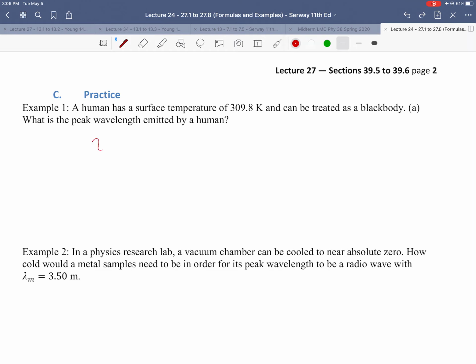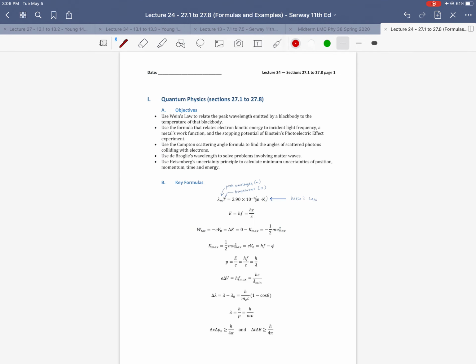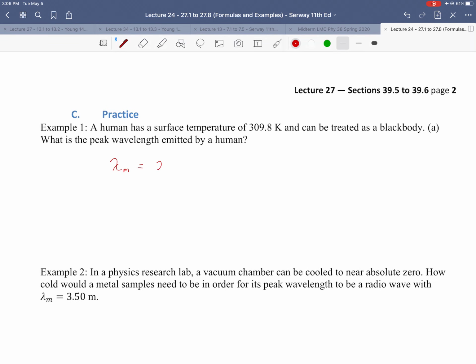If you do want to find the peak wavelength, you would just use lambda m, and that's just going to be equal to our constant, 2.9 times 10 to the negative 3 meters Kelvin, divided by the temperature in Kelvin.